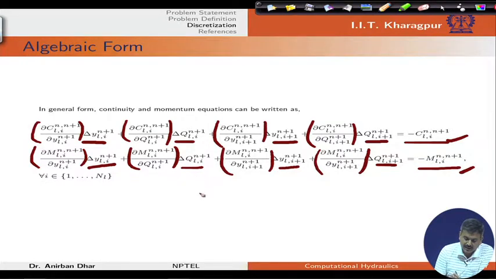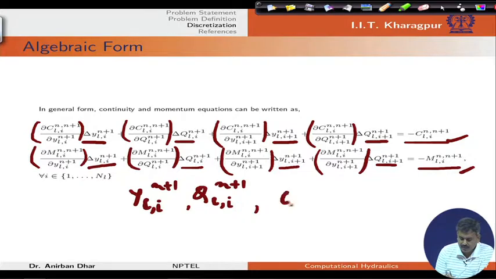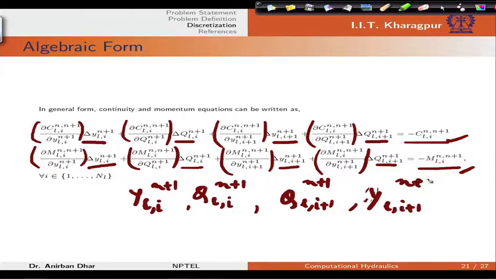So, we can start with q L I n plus 1, this is y L I n plus 1, q this is L I plus 1 n plus 1, this is again this is y L I plus 1 n plus 1.